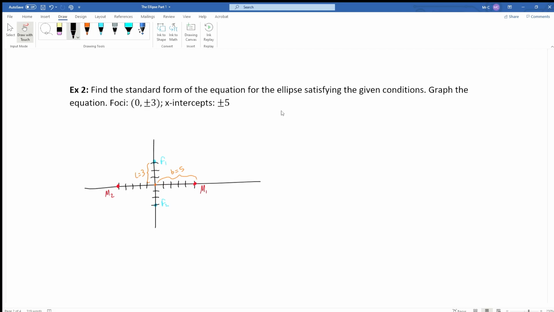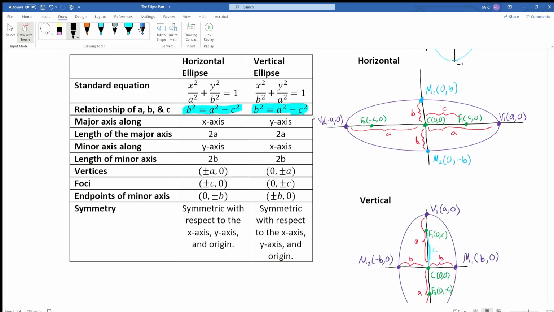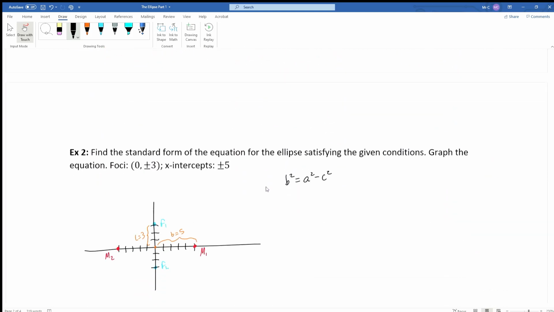And once again, b squared equals a squared minus c squared, right? So that's 25 equals a squared minus 9. So 34 equals a squared.